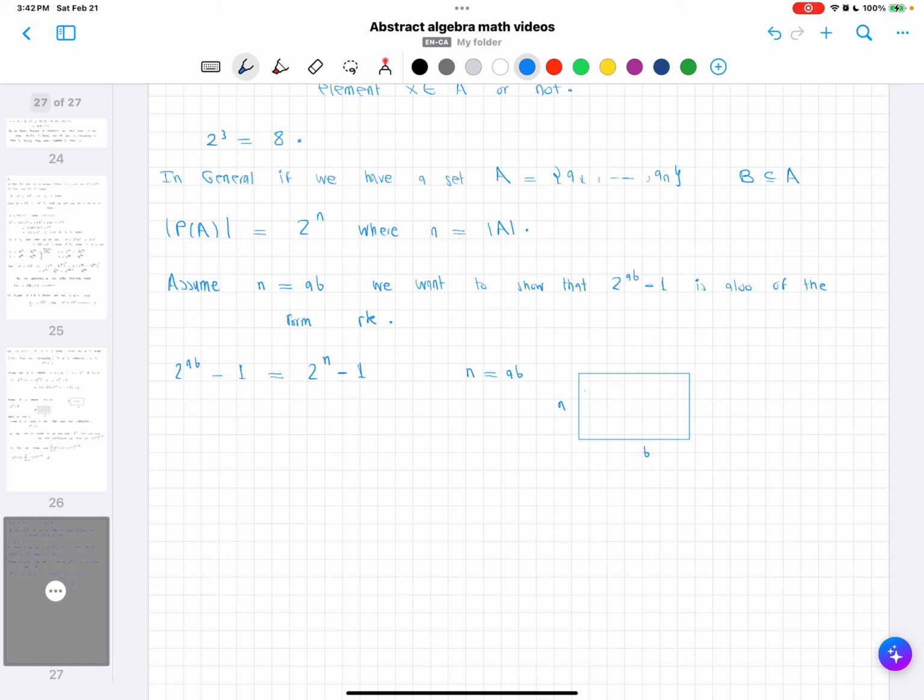So let k be the column. So pick k to be the column of this rectangle, to the left of which we have certain configurations that are 0.